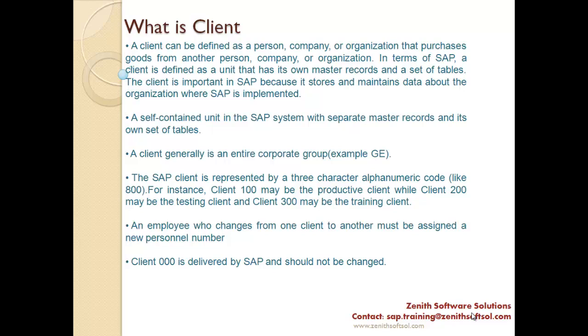So this client 800 will have its own master records and its own set of tables. So if an employee changes from one client to another client, then that employee must be assigned a new personal number in a different client. Client 000 is delivered by SAP and this should not be changed.